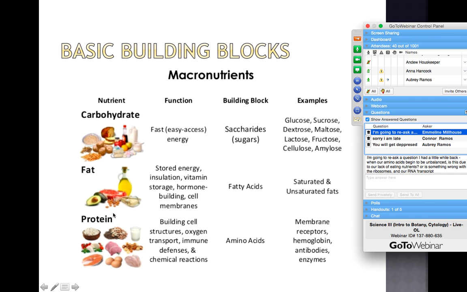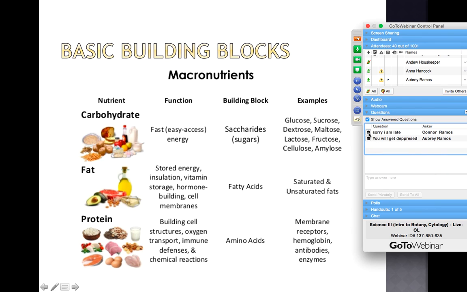Like even fats, a lot of people say, well, eating fats is bad. It's not bad because, like we were talking before, all the cell membranes and most of the brain are made out of fat. So if we don't eat that, we are going to have an unbalanced diet.